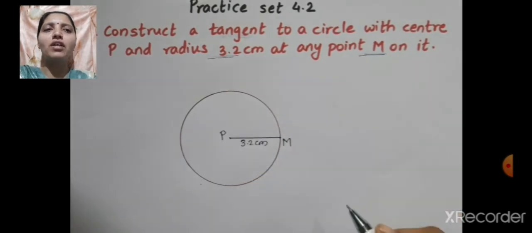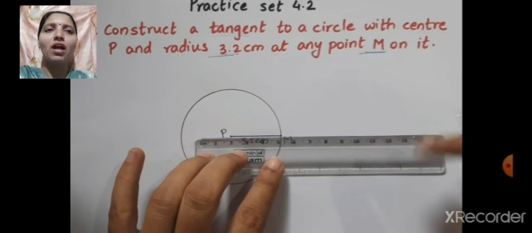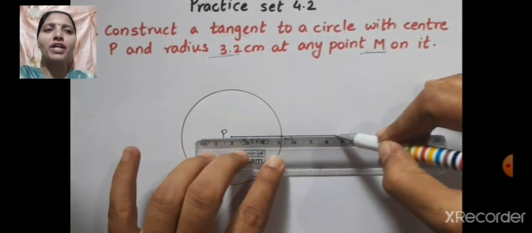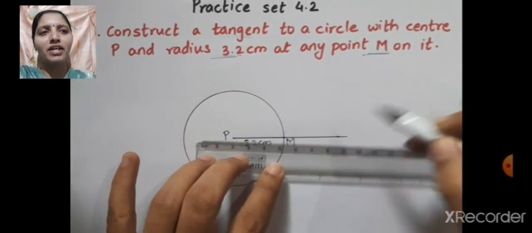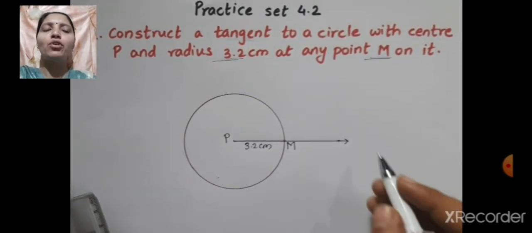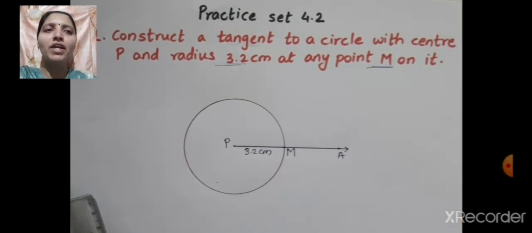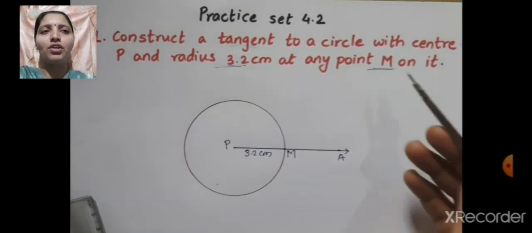First we have to write the measurement of the radius as 3.2 centimeter. Now to draw the tangent, we have to extend this radius on the right hand side approximately and put an arrow. I am naming it A. So I have drawn ray PA here.